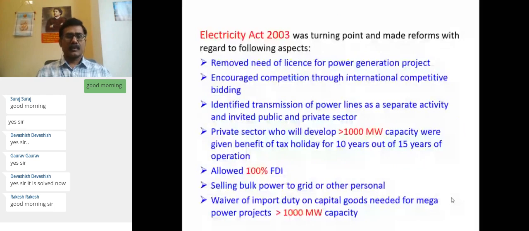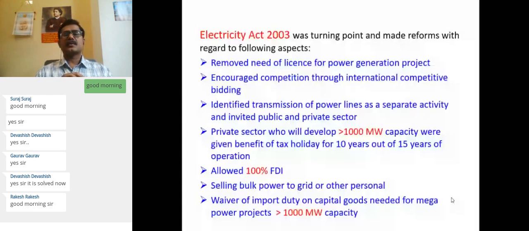So the Electricity Act 2003 made a number of amendments, and it turned out to be the turning point, which incorporated different reforms, and some of the key points I have highlighted in this particular slide, so that the private sector may be encouraged to play their role in power generation, transmission, and distribution.